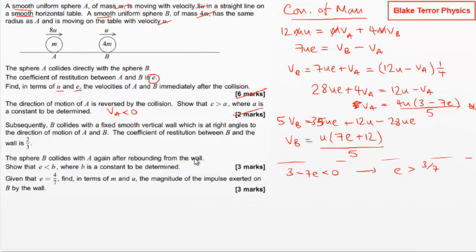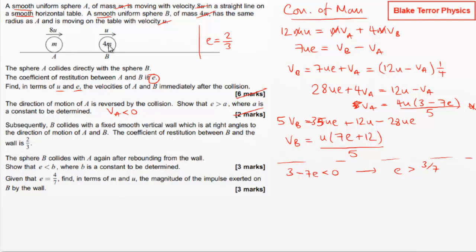Right, that was fine. Subsequently, B collides with a fixed, smooth vertical wall. All right, so we've got a wall over here, at right angles to the direction of motion. Coefficient of restitution is 2/3 when it goes off of there. And then B collides again with A after rebounding from the wall. Show that E is less than B, where B is a constant to be determined.